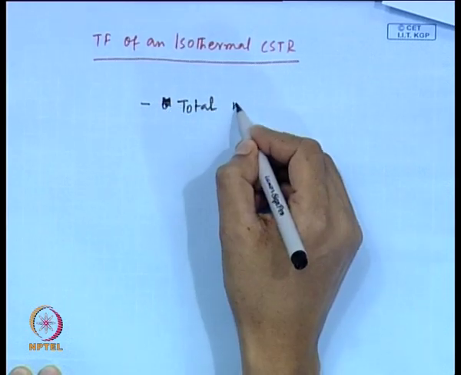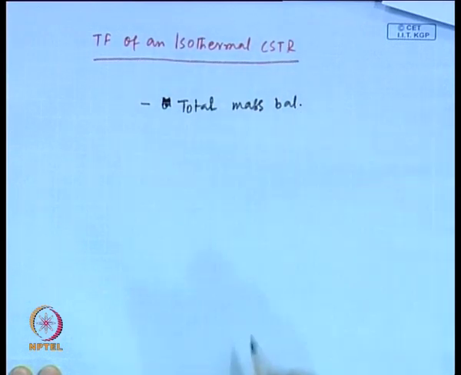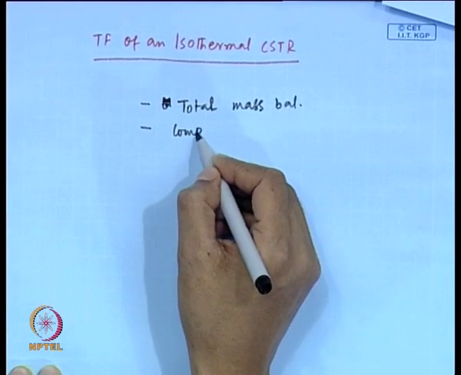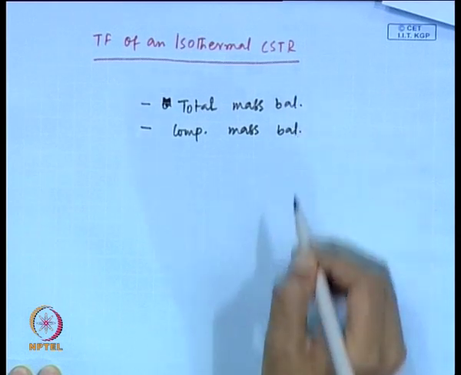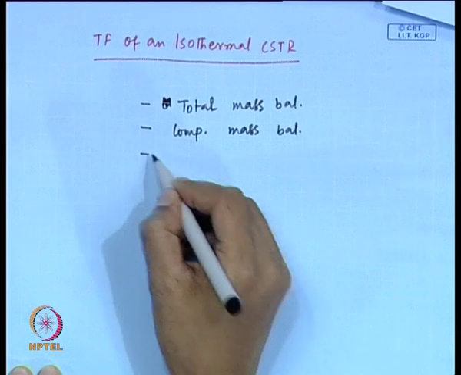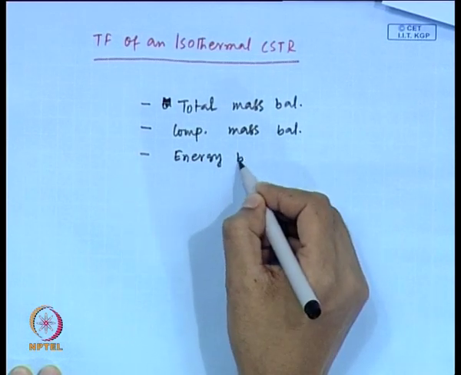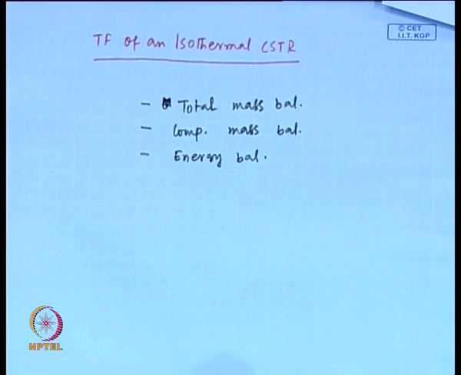Second equation we got based on component mass balance, and another equation, I mean third equation we got based on energy balance. Fine. Now, isothermal means constant temperature.